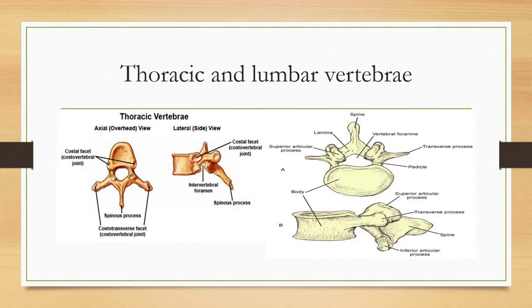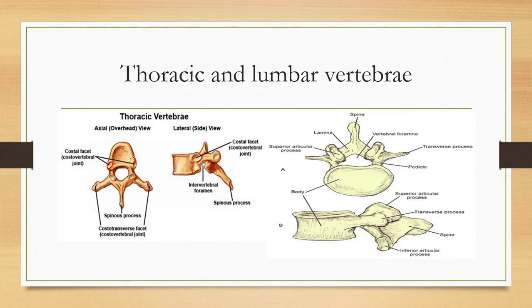Now let's talk about the thoracic and lumbar vertebrae. So this is the structure of thoracic vertebrae. If you remember, thoracic vertebrae have facets, or cavities, for binding with the ribs.